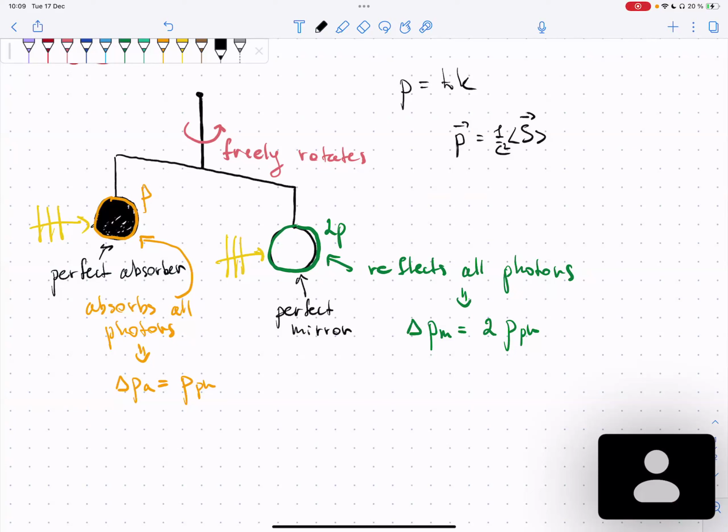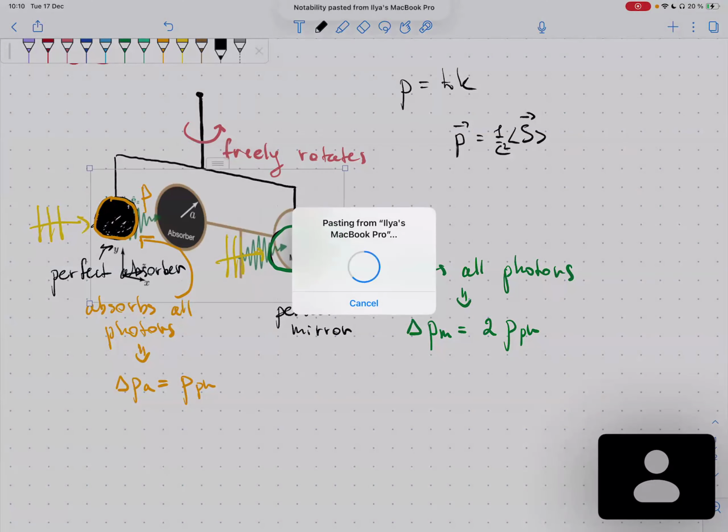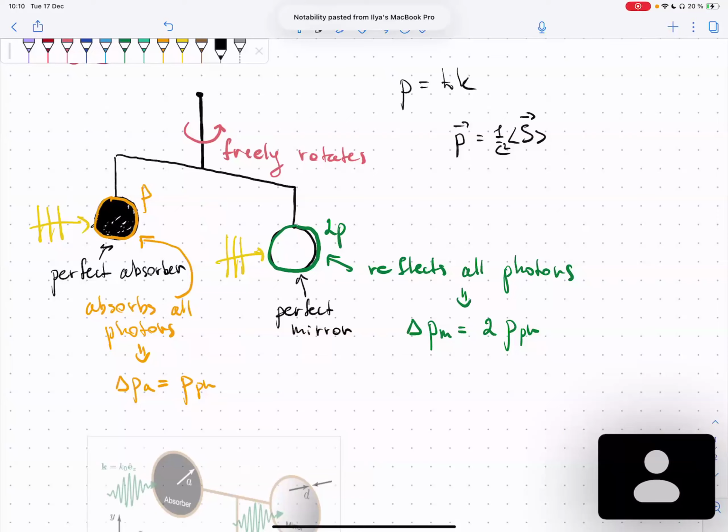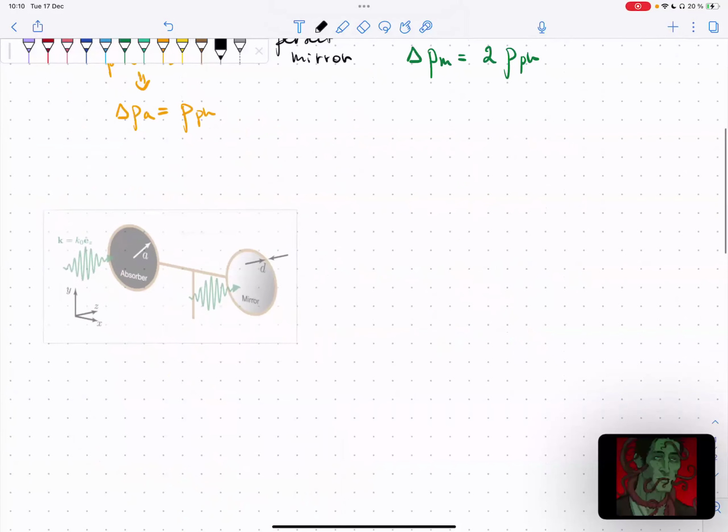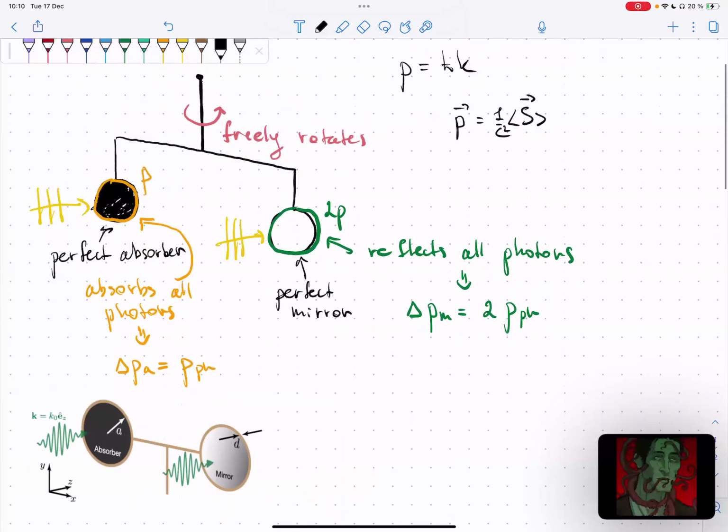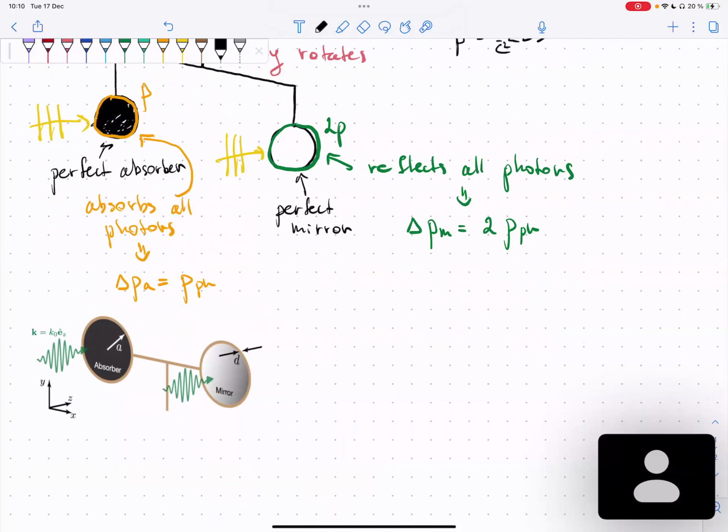Maybe let me find an image. It's a circle, like a disc. Yes, okay, I understand. It's just some disc, something like this.